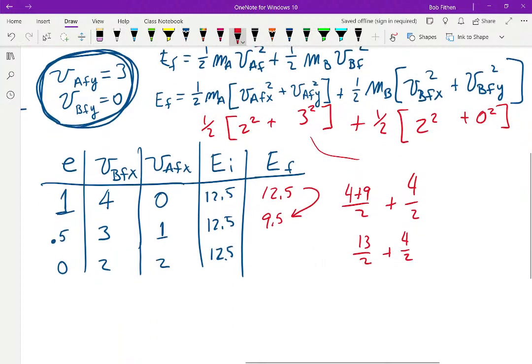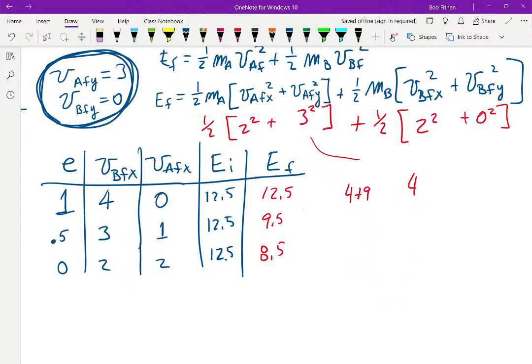And that is going to be 6.5 plus 2, or 8.5, I think. So you can see as these impacts take place, lower and lower energy states arise out of a non-perfect impact.